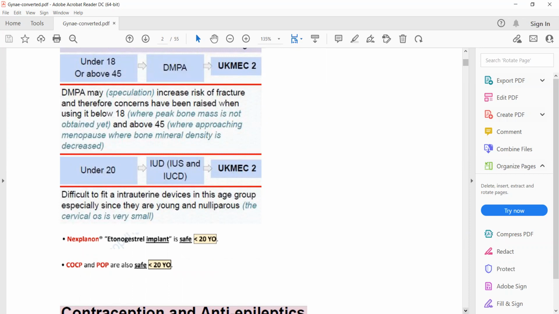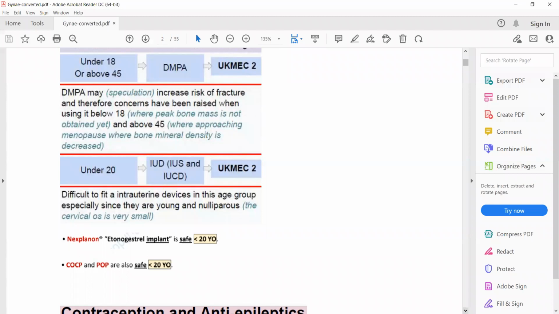Why are they UKMEC2? Because in young and nulliparous women, the size of the uterus and cervical os is very small, so it is very difficult to insert these devices.